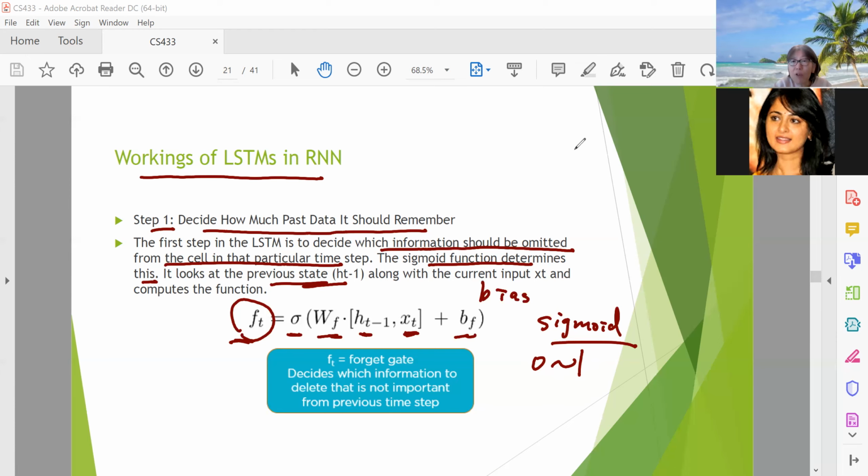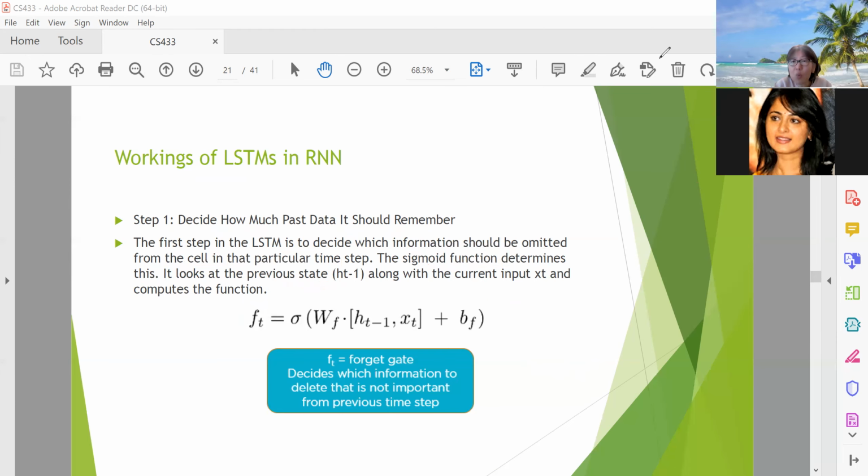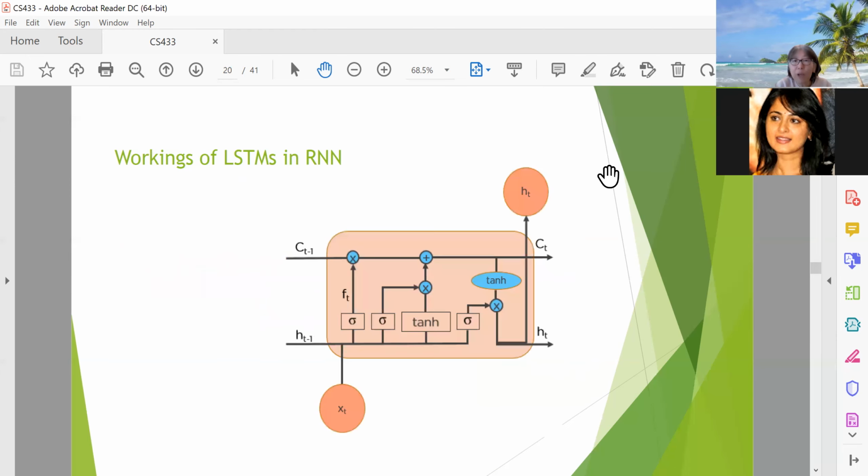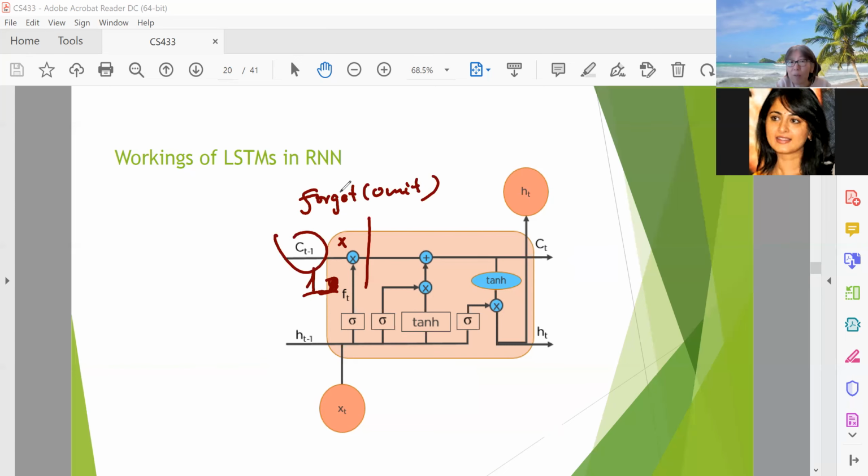If we go back here, just think about if it is 0 from the sigmoid, and here you multiply with the previous. Then that means you're going to forget, completely omit it. And if it is 1, then you multiply this, and it's going to be remembered.